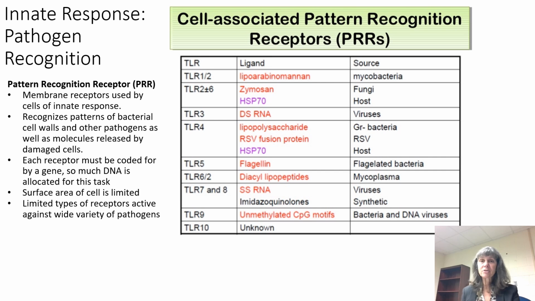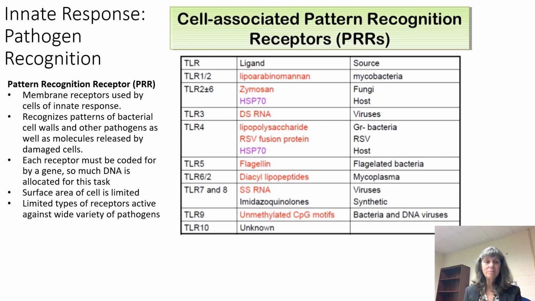And the receptors on our cells are thought to have evolved prior to adaptive immune responses. And they're present on the surfaces of our phagocytic cells and our cytotoxic natural killer cells, whether we need them or not. However, the variety of these receptors is limited.